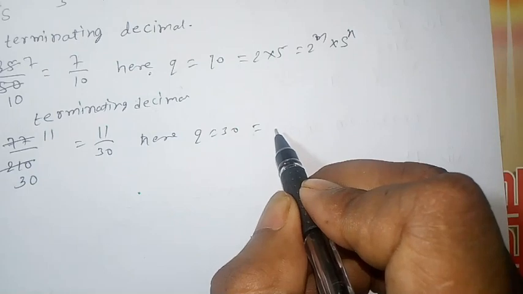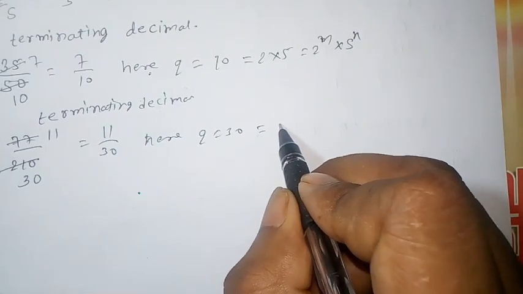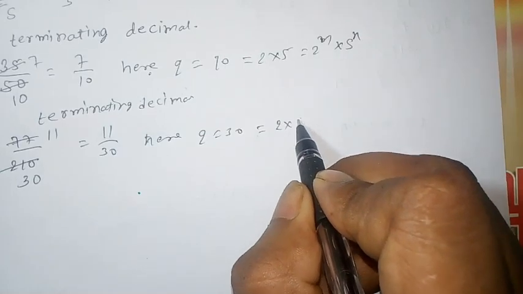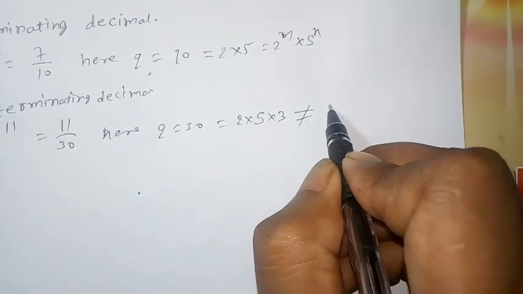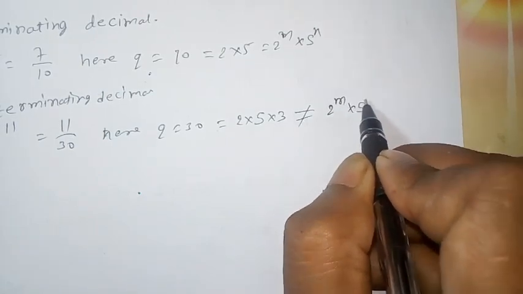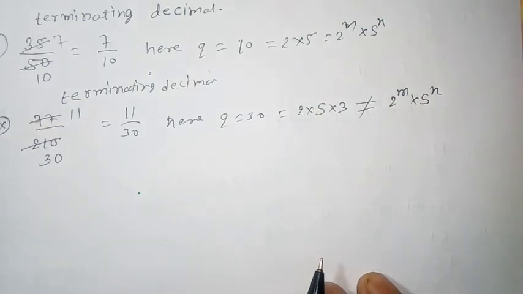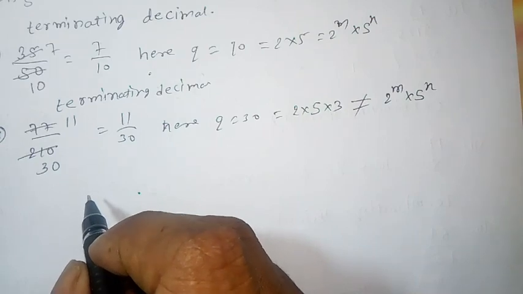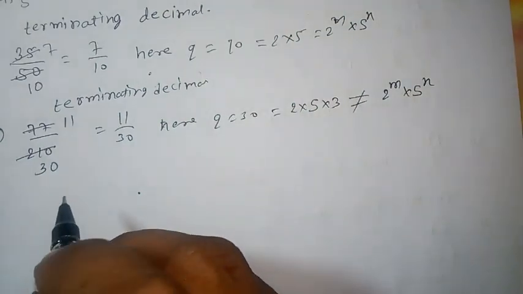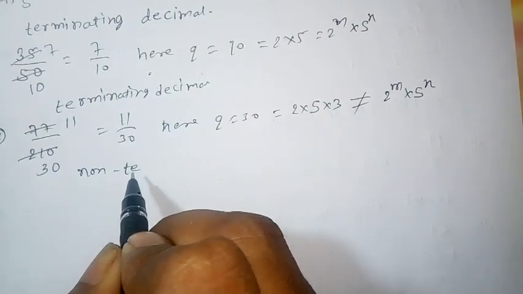The prime factorization of 30 is equal to 2 into 5 into 3. This is not of the form 2 to the power m into 5 to the power n. So this rational number will have a non-terminating repeating decimal.